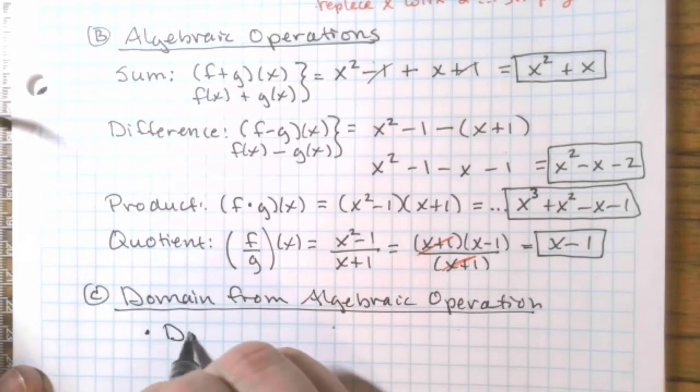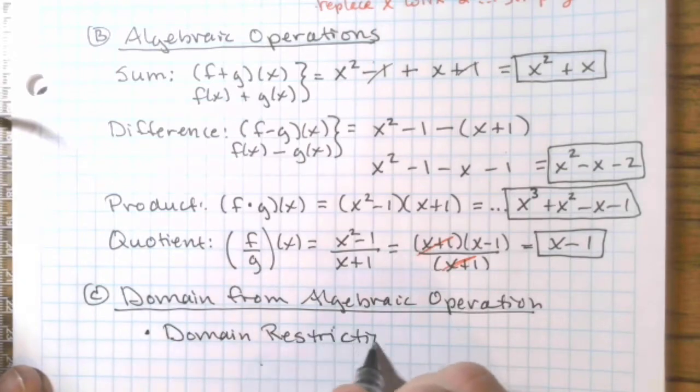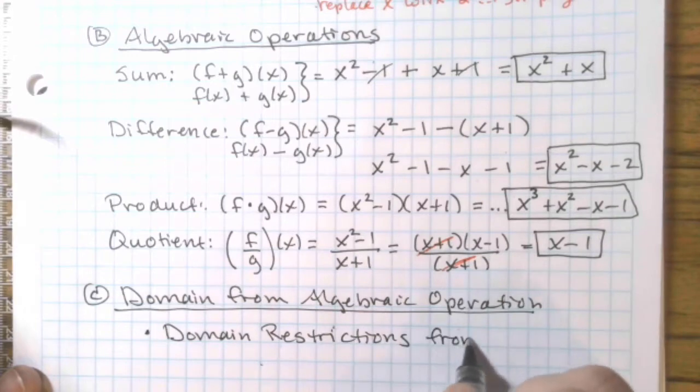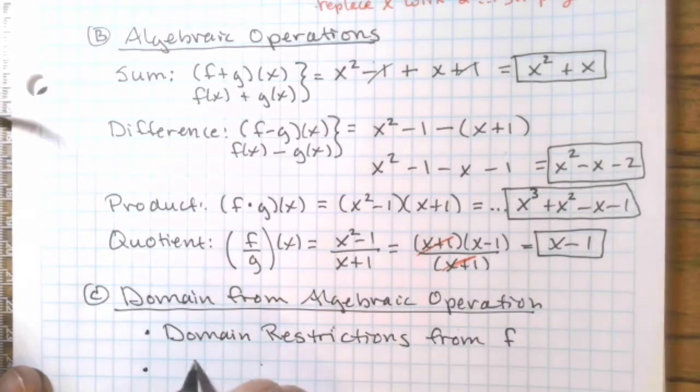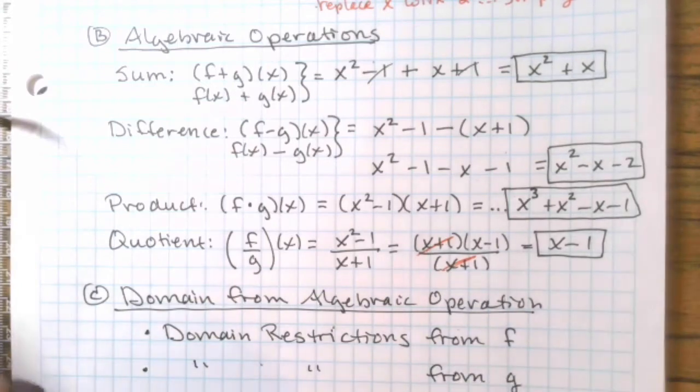You need to find any domain restrictions from function f, any domain restrictions from function g, and then after you've put them together, you want any new restrictions from the algebra.